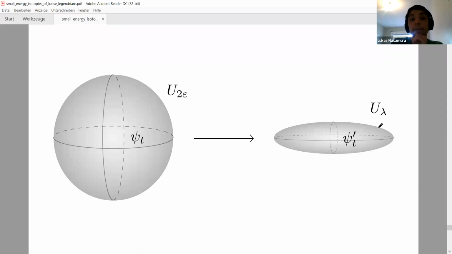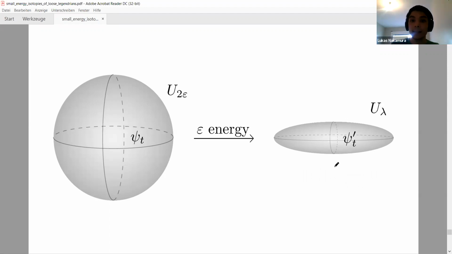And now there are two important facts about this squeezing procedure. The first thing is that it takes only an epsilon amount of energy to squeeze this ball of height 2 epsilon into arbitrarily small ellipsoids. This can be proven by just writing down explicitly what this contactomorphism looks like that squeezes this ball.